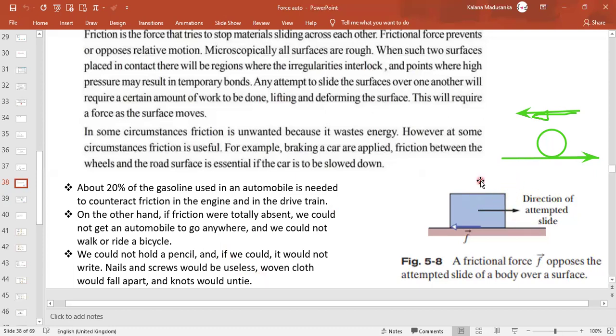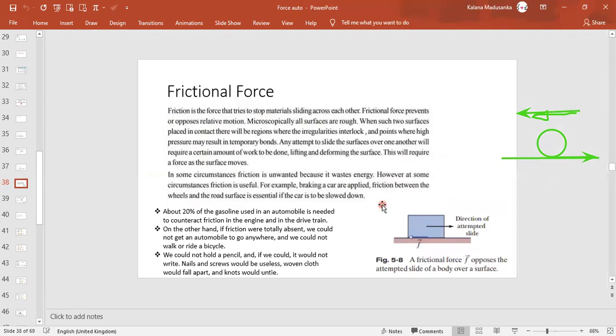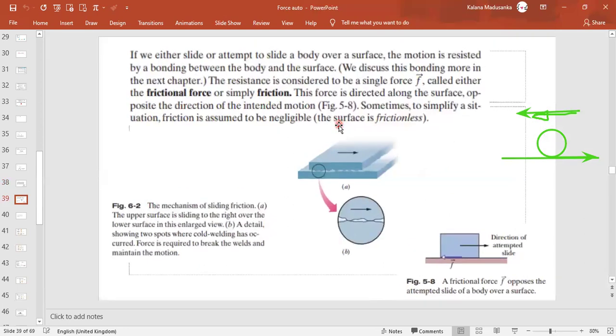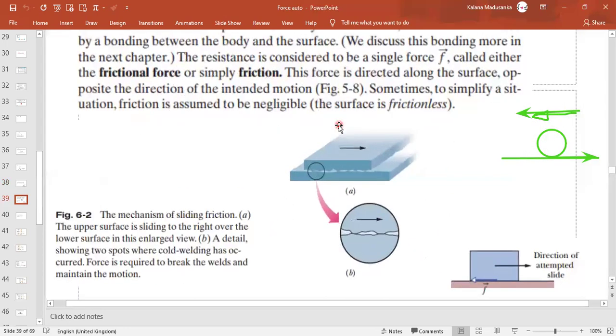And remember another thing, friction force direction is opposite to the action force, right? If the object is moving to the right-hand side, this is where you can observe the friction. Now with the brief introduction, you can see the irregularities.